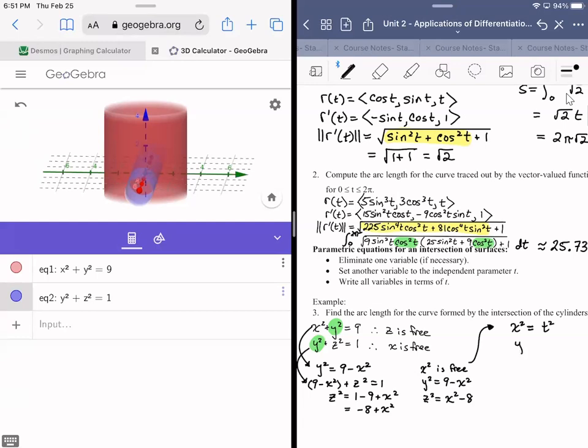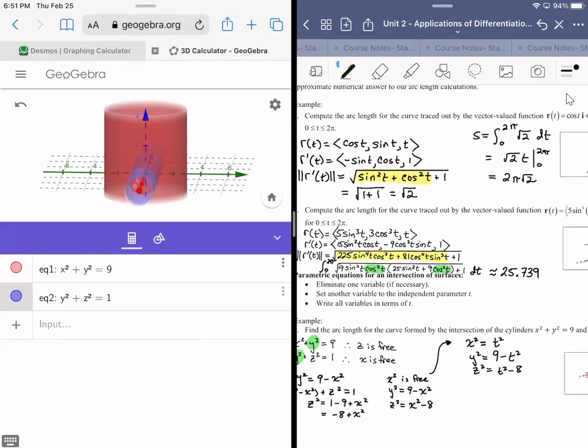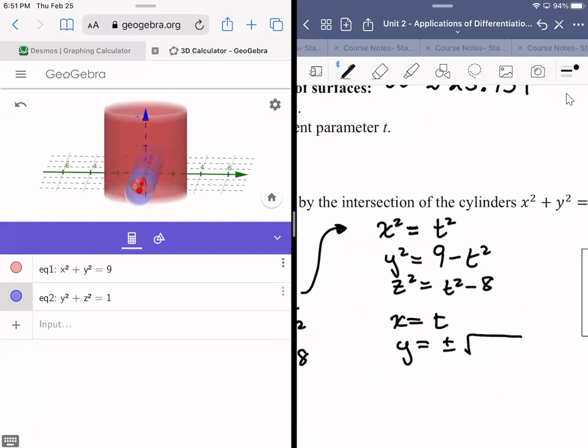So y squared would be equal to 9 minus t squared, and z squared would be equal to t squared minus 8. And so t is our parameter, and then it's just a matter of taking the square root. So I'd be looking at x is equal to t, y is equal to plus or minus the square root of 9 minus t squared, and z is equal to plus or minus the square root of t squared minus 8.